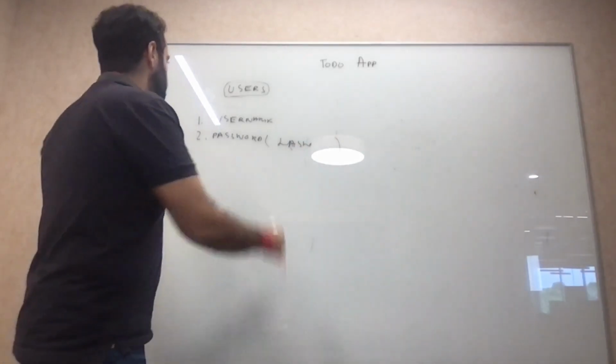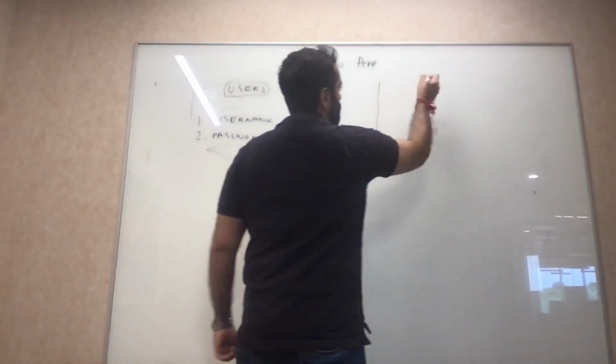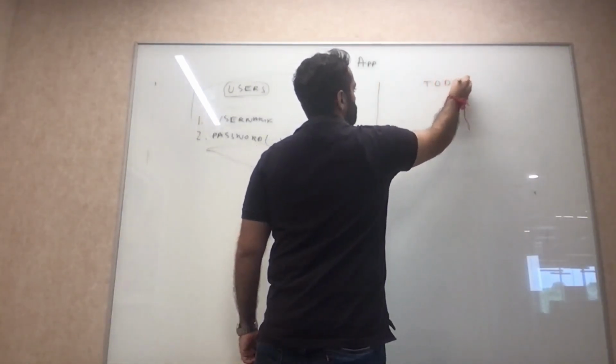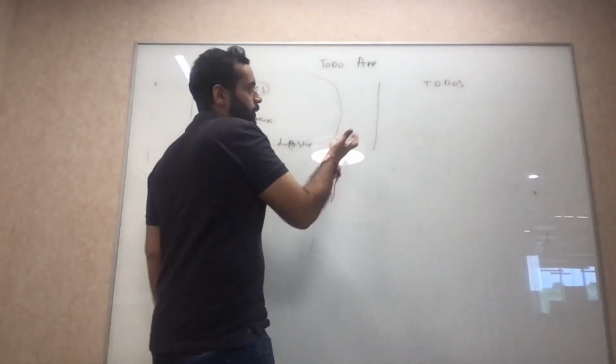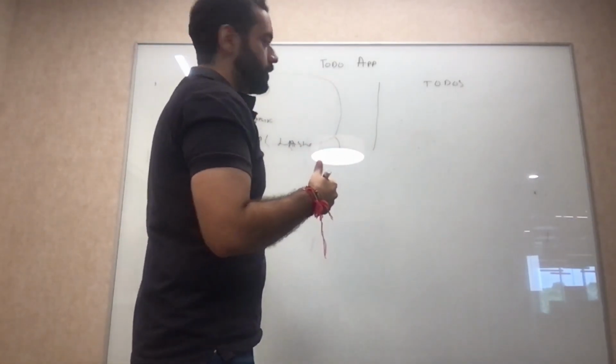Okay, now this will be done, and the second one will be your to-dos collection. Why do we need that? We need to have to-dos associated with this username.